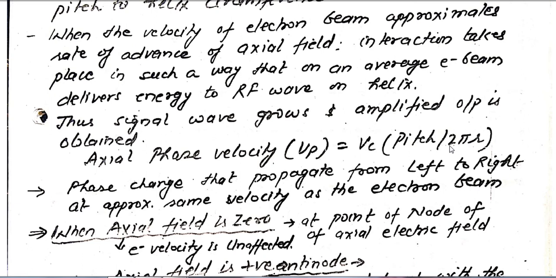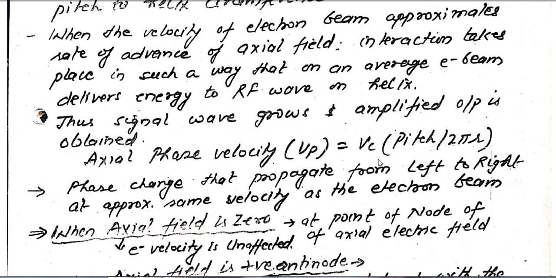The characteristics of the helix slow wave structure enable the TWT to have broadband operation. Since the helix provides the least change in Vp with frequency, it is preferred over other slow wave structures for the TWT.